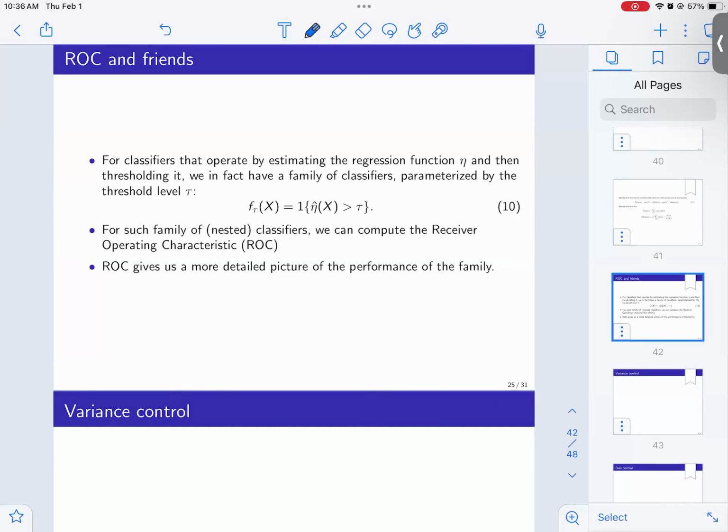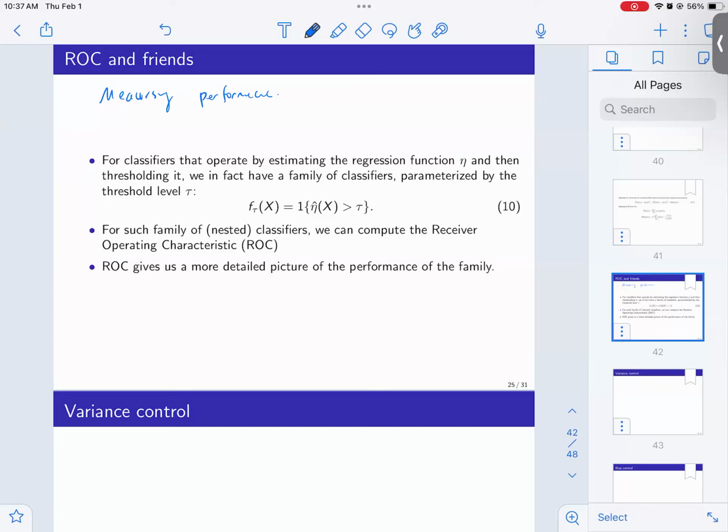Let's go back to the idea of measuring the performance of classifiers. Any questions? Okay, measuring performance. We're back to classification.